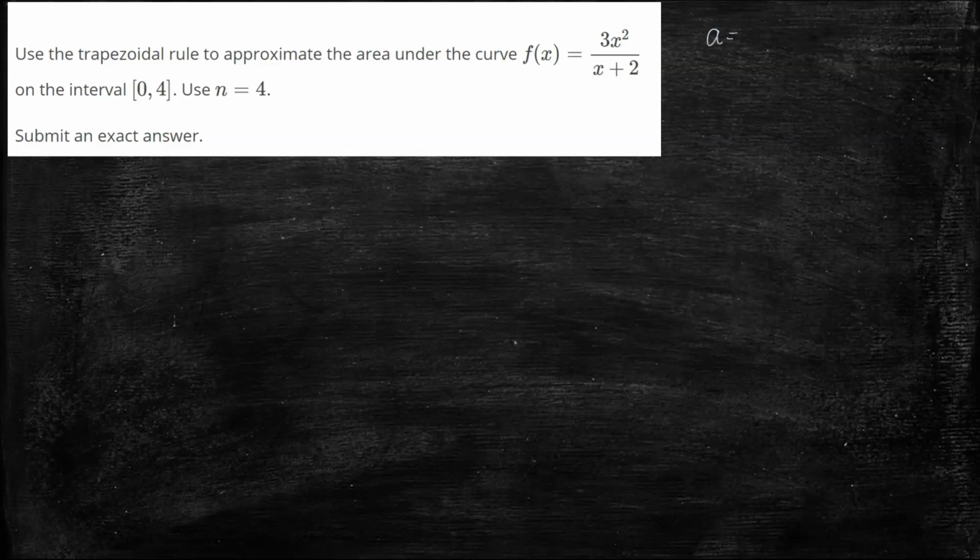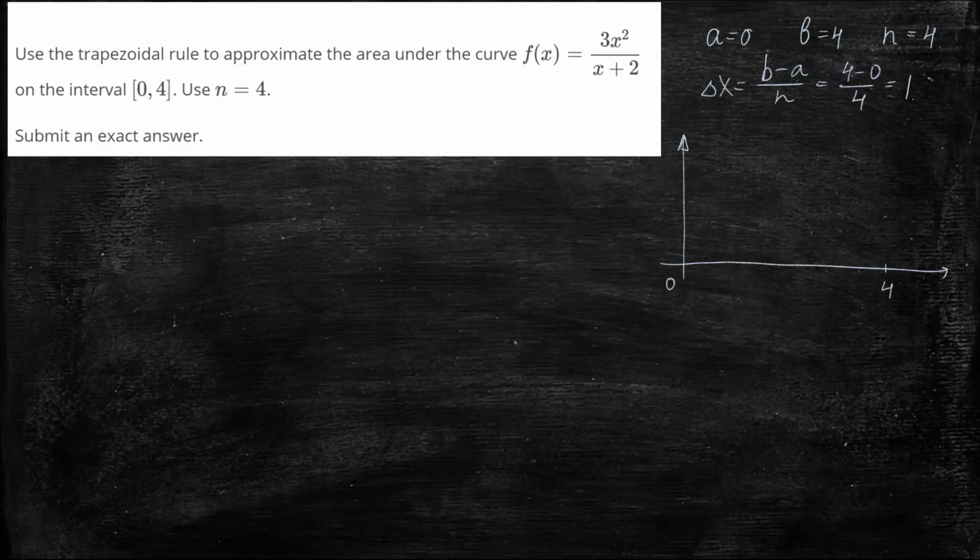So A is 0, B is 4, N is 4, delta x is B minus A over N, which is 1, and therefore we're going to have an interval from 0 to 4, and we're going to divide it into 4 subintervals, and each one of width 1. So we can easily figure out this partition. It's going to be 0, 1, 2, 3, 4, and we're going to have some function here.